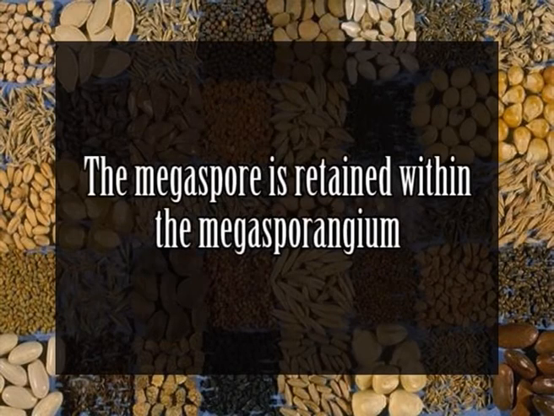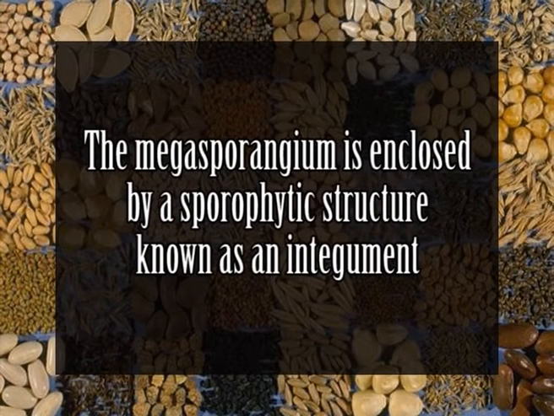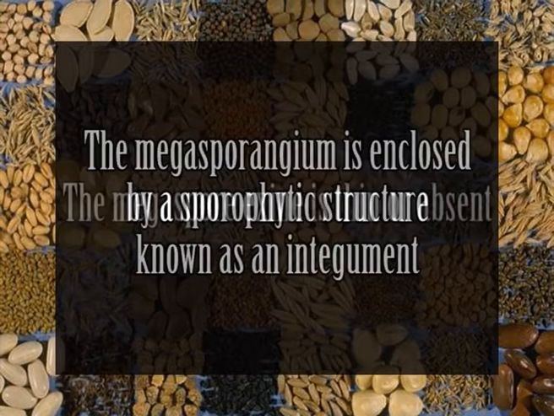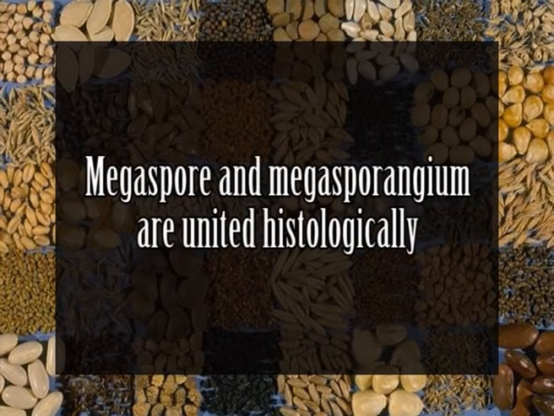Third, the megaspore is retained within the megasporangium. Fourth, the megasporangium is enclosed by a sporophytic structure known as the integument, and the megaspore membrane is thin or sometimes absent. Then also the megaspore and megasporangium are united histologically.